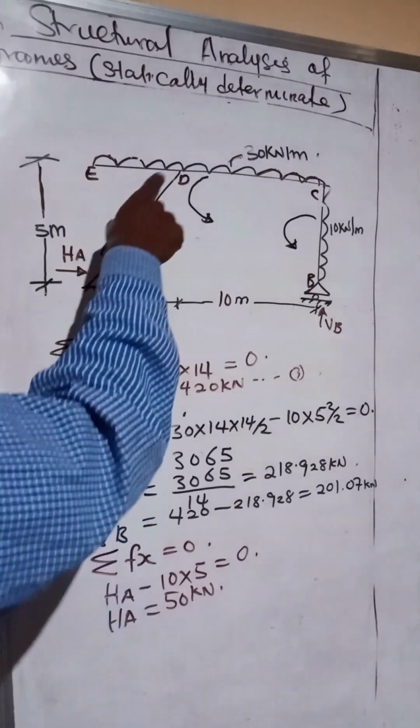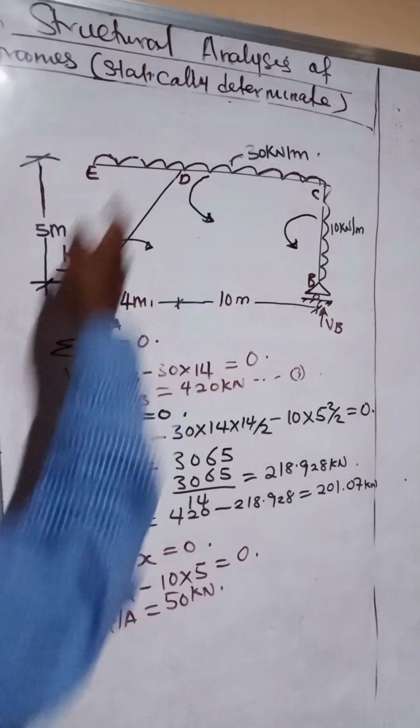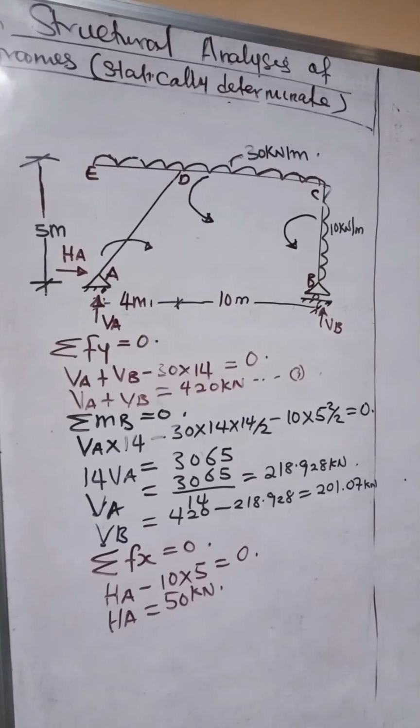So of course we know that the moment at the support of the cantilever is going to be the value of the uniformly distributed load times d squared over 2, which is WL squared over 2. But before I do that, let's split the beam into its components.